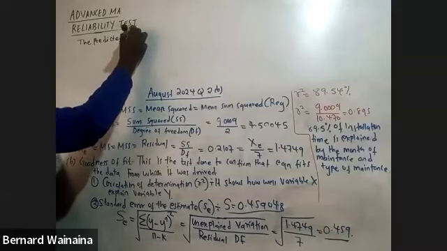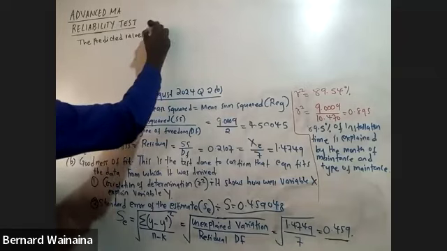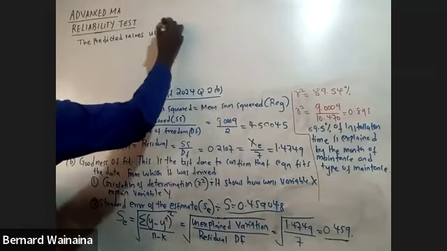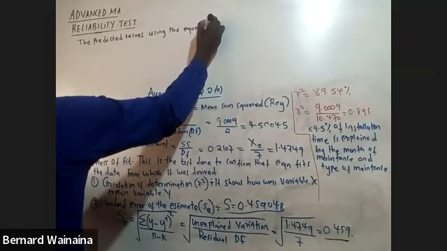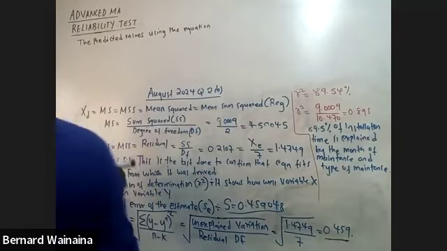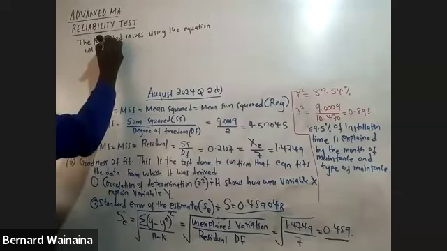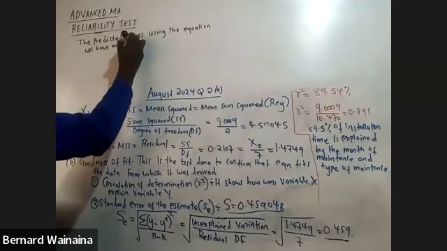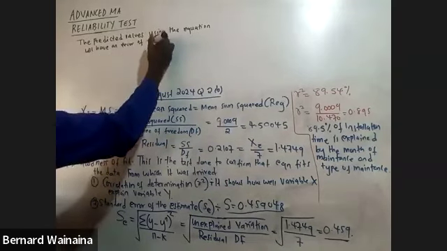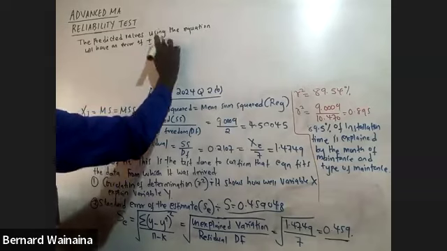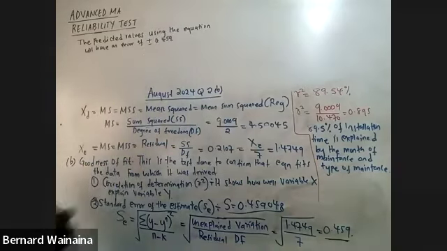The predicted values using the equation will have an error of plus or minus 0.54459.